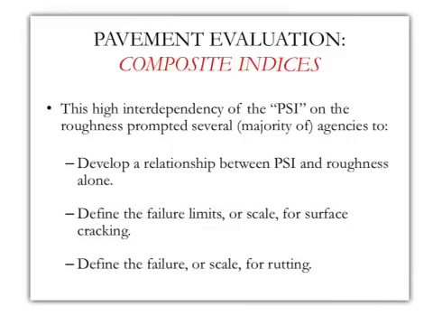Some of the agencies would develop a relationship between PSI and the roughness alone, or define other failure limits for the surface cracking, all the way to defining the failure based only on rutting.